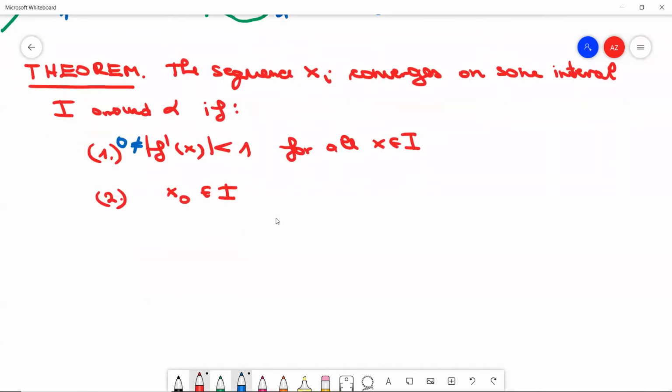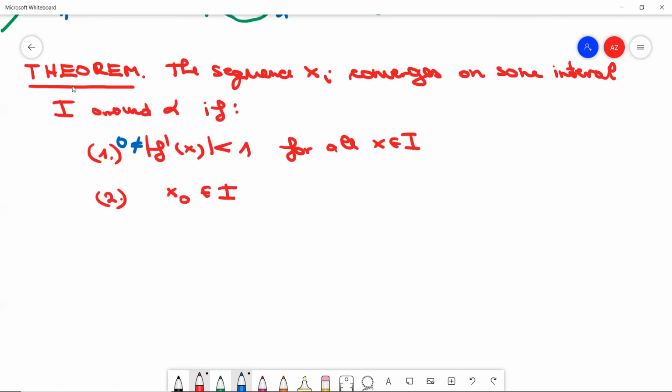For example, if the function is continuous, it is enough that the derivative of f at alpha is smaller than 1 in absolute value. This will already assure that there is an interval around alpha such that the first condition is met. So such an interval I, given in the theorem, really exists.